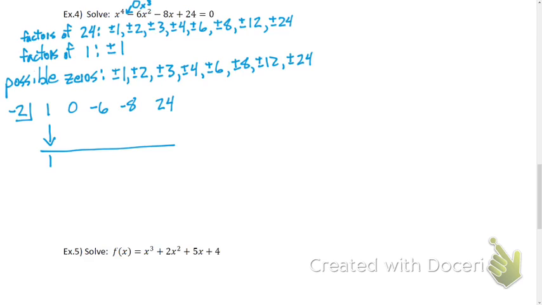Drop the 1 down. Oh, this isn't looking promising. 32. So I'll be honest, this is a lot of guessing. I'm going to just give you the answer right away. 2 should work.